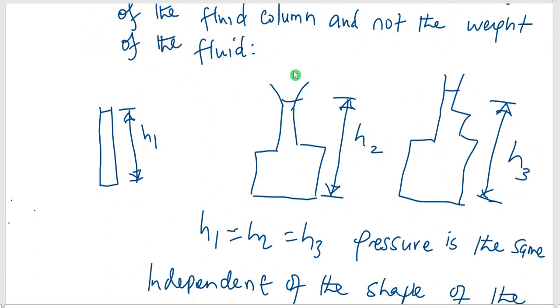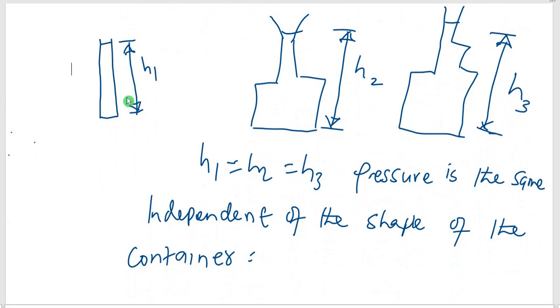This hydrostatic paradox can further be explained with different shapes of the container with the same liquid column, H1 equal to H2 equal to H3, giving the same pressure, which is independent of the shape of the container. That explains the hydrostatic paradox and why the pressure in the above computation is far greater than the weight of the fluid in the container.